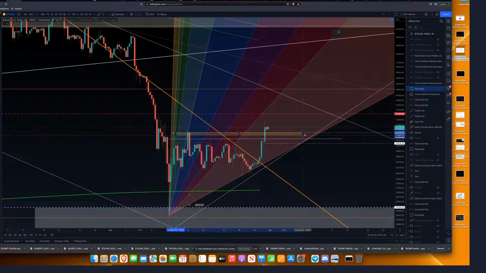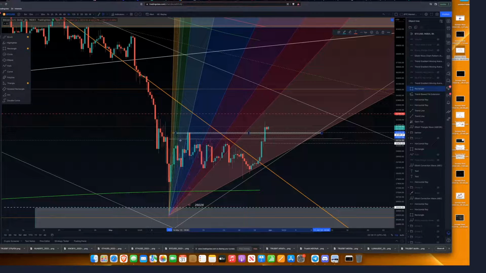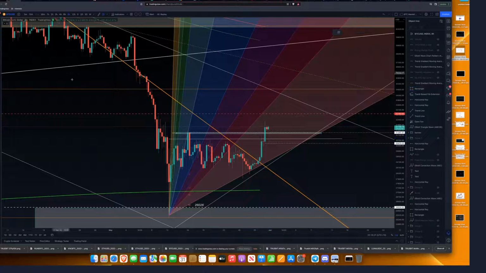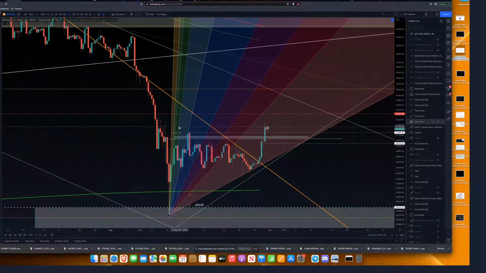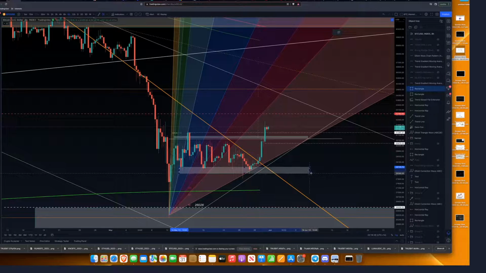There's definitely a level of interest. This one here, that's more of an interest there. I'll get rid of that for a sec. That level there where previous resistance was, and definitely that is support.